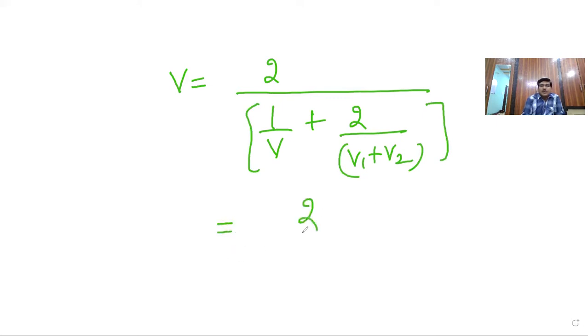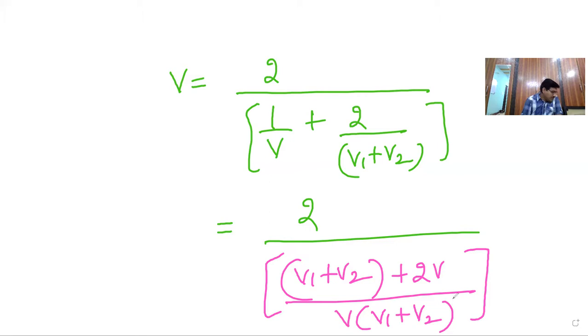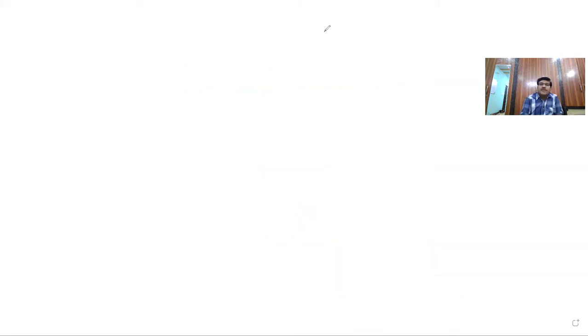If I take the LCM for the denominator, V1 plus V2 plus 2V by V into V1 plus V2.